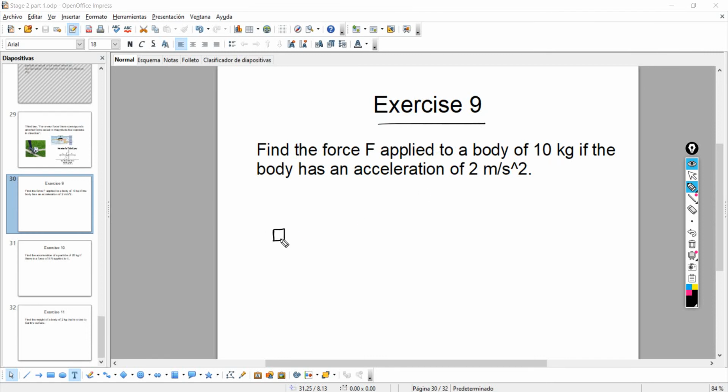We usually just draw boxes when we do this type of exercise. So this is a box of 10 kilograms. So we have the mass, and we know that this box has an acceleration of 2 meters per second squared.